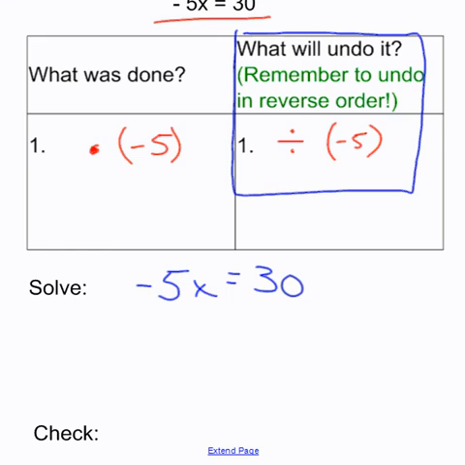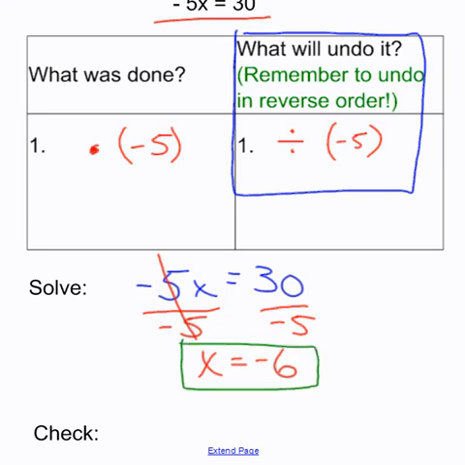And your directions say divide by negative 5. So you take both sides of the equation and divide by negative 5. These negative 5's cancel out, and I have x equals 30 divided by negative 5, which is negative 6. So this is my answer. It's my solution to the equation.